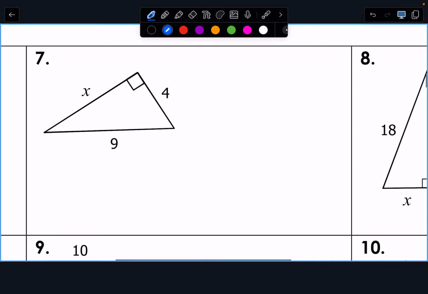First of all, which one is the hypotenuse? 9 is the hypotenuse because it's across from the right angle. So I'm going to put a C there to remind myself. So I have x squared plus 4 squared equals 9 squared.